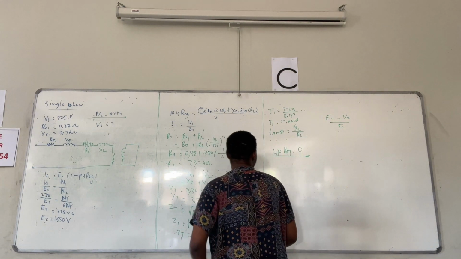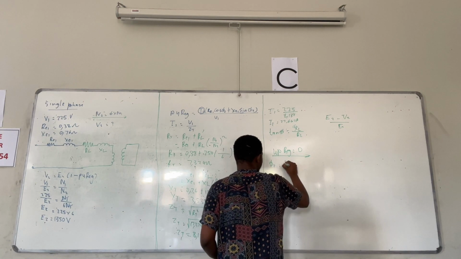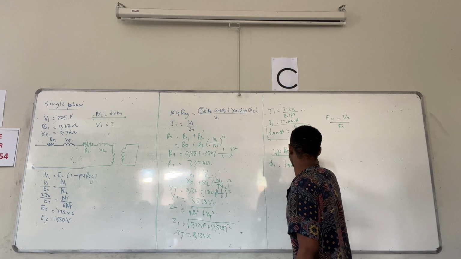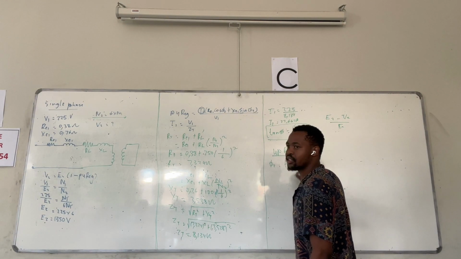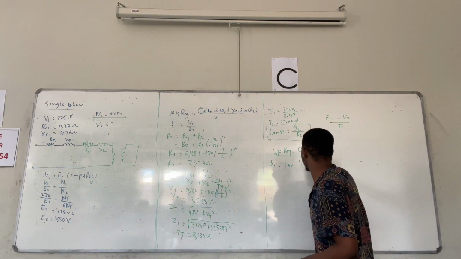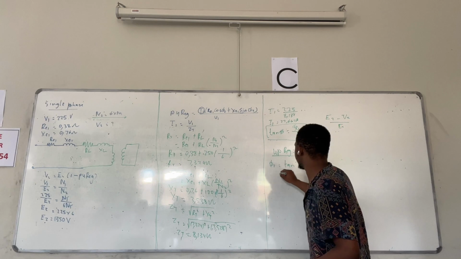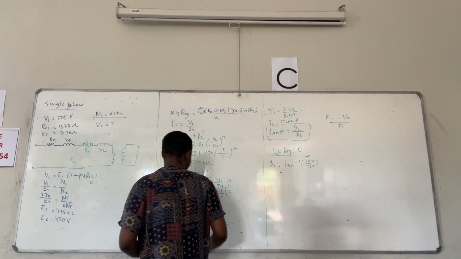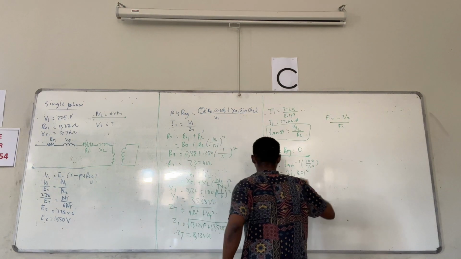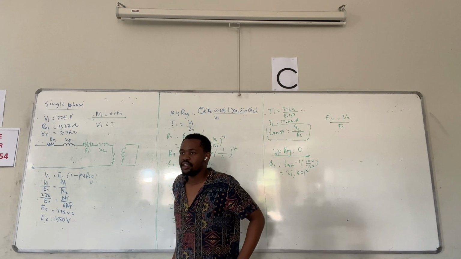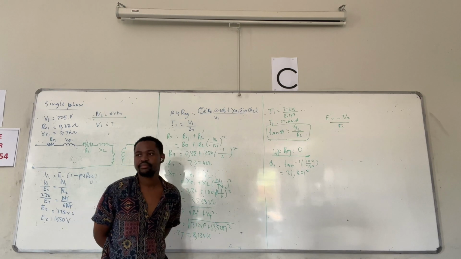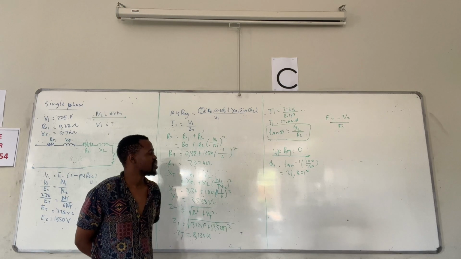Let us find this angle. It's about 10. We always use this formula. Tan of 100 over 250 is 21.801.